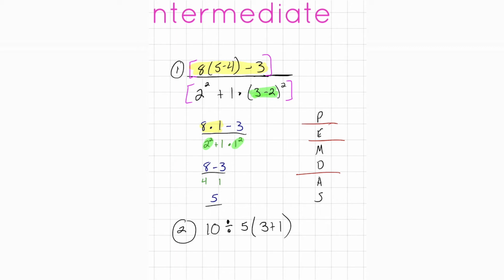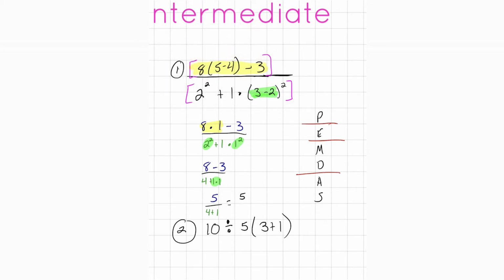So now we have 4 plus 1 times 1. From here, our next step is multiplication. So that's going to end up giving us 1 times 1, which is 1. So our denominator now is simplified to 4 plus 1. And writing that all out, I'll write it in black and simplify.